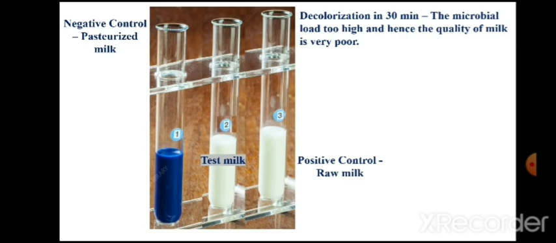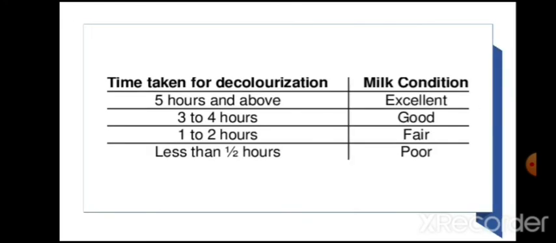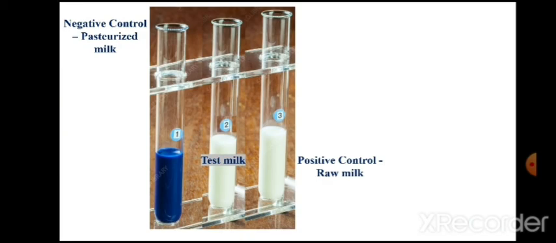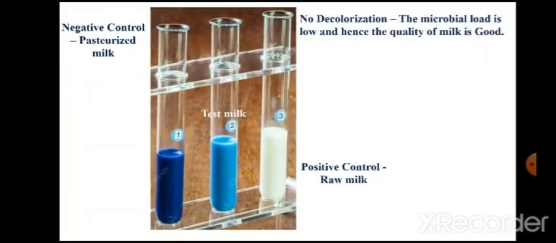Now say for example, if I go back to these results again, after half an hour it is showing no decolorization. Then in that case we need to wait for another half an hour.